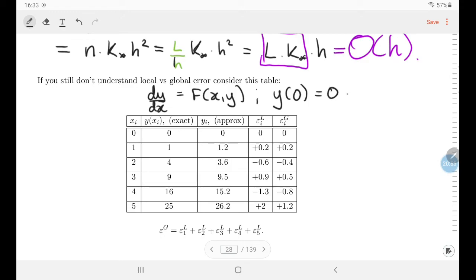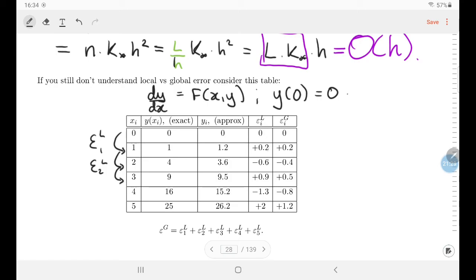The local errors are basically how much worse the calculation is getting from step to step. So as you go from, say, here to here, that's a local error. How much extra error you pick up here is the second local error. So they're local to a point. How much you pick up here is a bit more. Obviously at the start there's no error, 0.